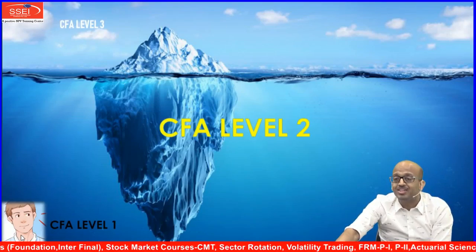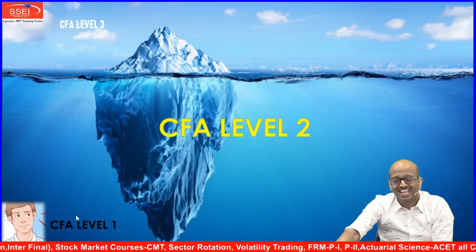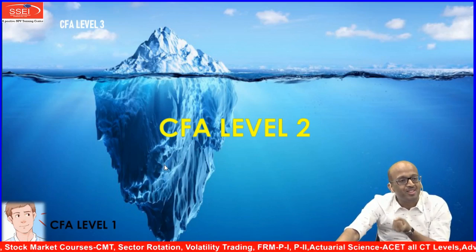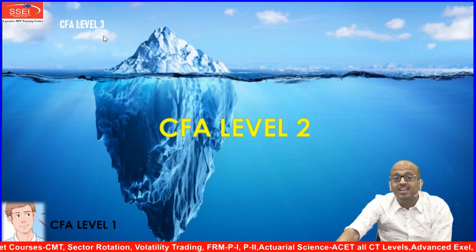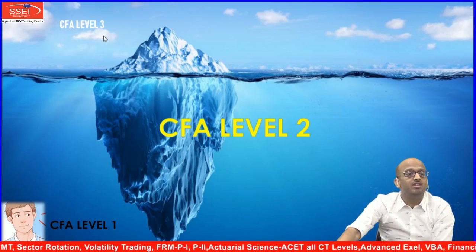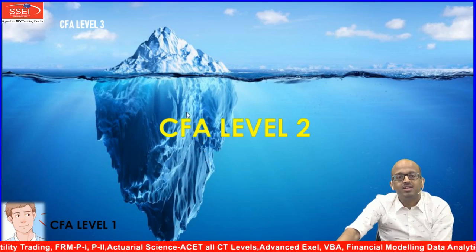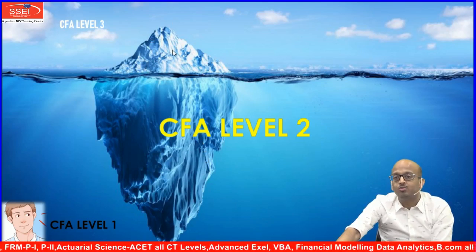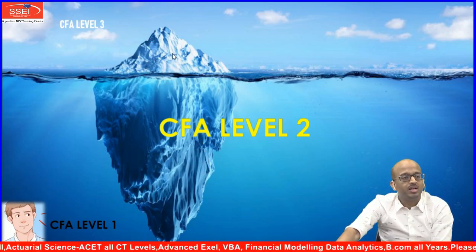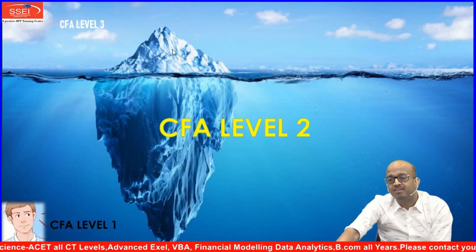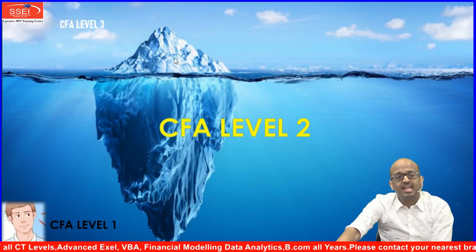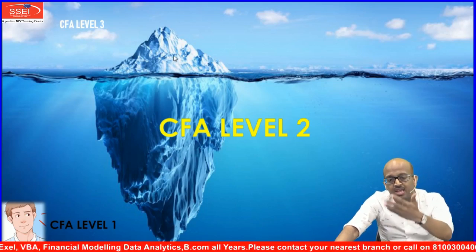Level 1 is just introduction. Level 2 is the depth, all the effort. Level 3 is the output you show to the world. The world will not be able to look at the depth. The world will be able to look at the output. If you are going to have a great financial career in future, it has to be on account of level 3, because level 3 is making you presentable.